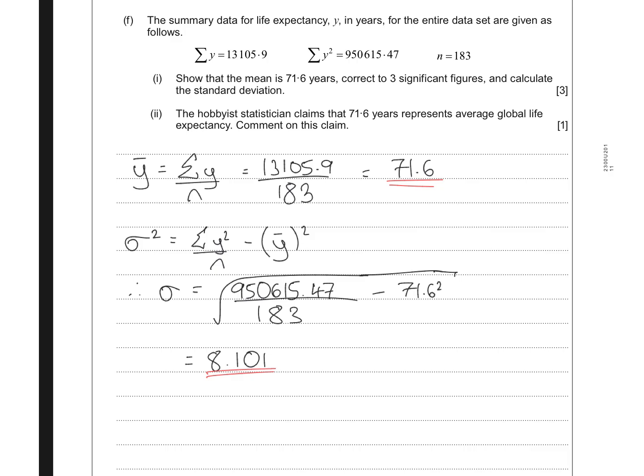Now, we can't claim that, because imagine we had two countries. I'm going to make an obviously silly analogy here. In one country you had 100 million people, and in another country you had 100 people. In the big country, the life expectancy is 50.